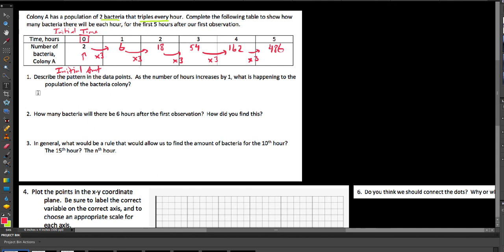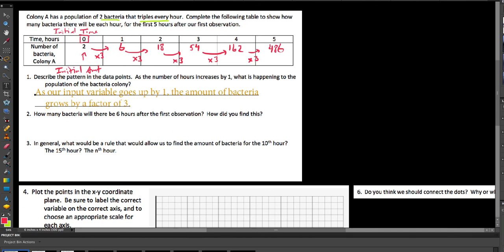So let's try this again. As our input variable goes up by 1, the amount of bacteria grows by a factor of 3, which basically means it gets multiplied by 3 every time.